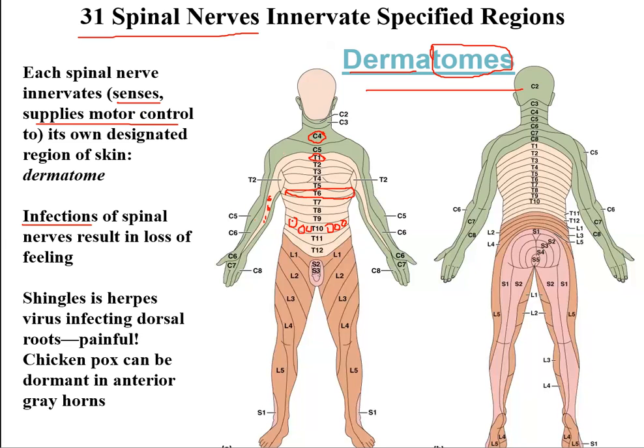So here, the spinal nerve T10 is infected if there are patches down here. Okay. Also, if there is nerve damage, and suddenly you have a tingling sensation along this stripe of skin, or you can't feel it or whatever, that automatically tells us this is the spinal nerve that is affected.